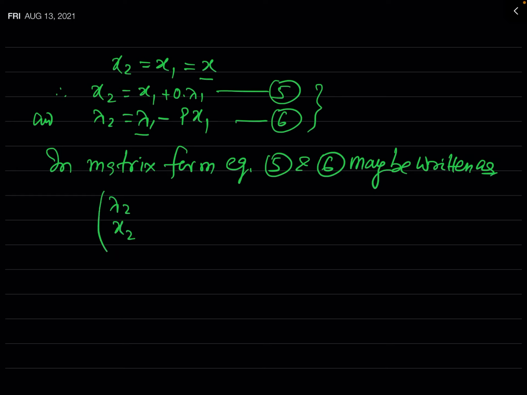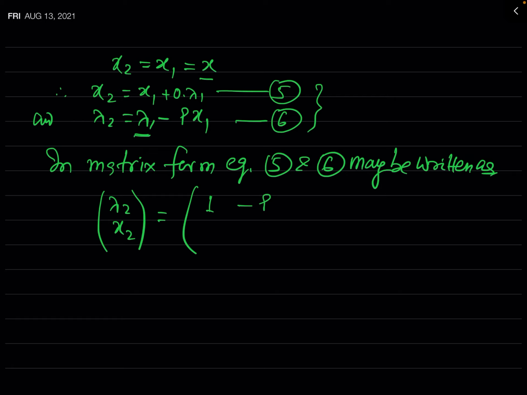So we will write in the LHS a column matrix of x2 and lambda 2. And we will form a 2 by 2 matrix with elements equal to the coefficients of x1 and lambda 1 in the RHS of equations 5 and 6. So you can see this will be 1, minus P. Here 1 is the coefficient of x1 in equation 5, and minus P is the coefficient of x1 in equation 6.